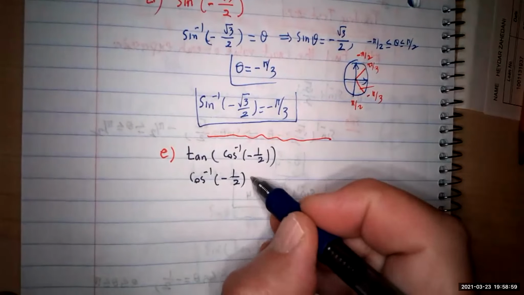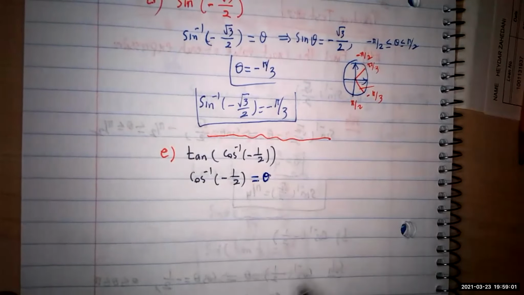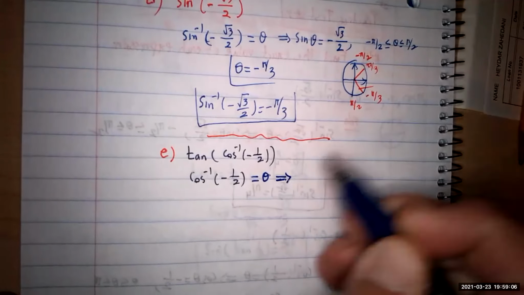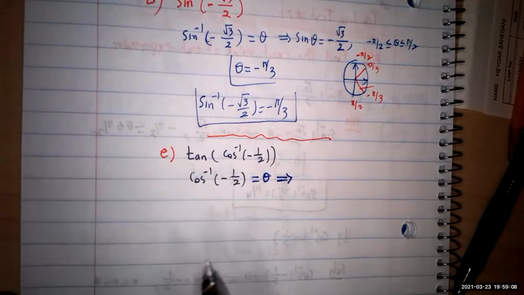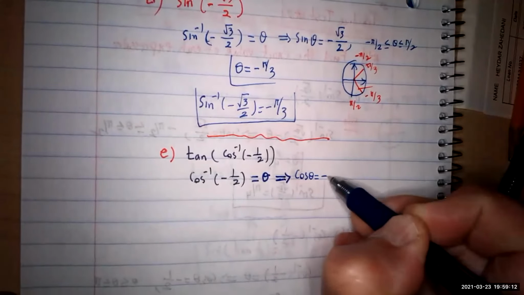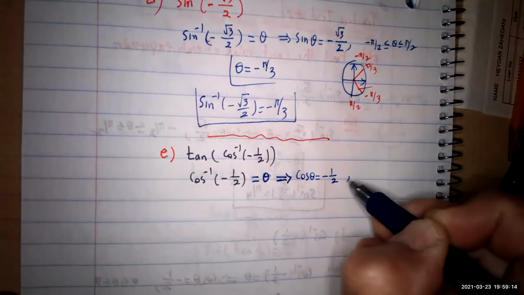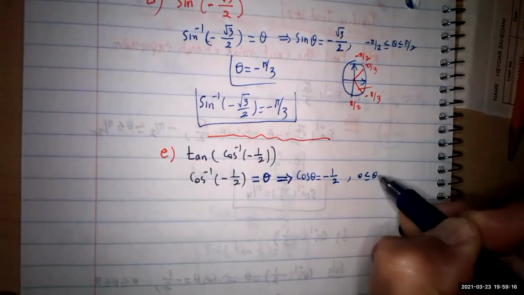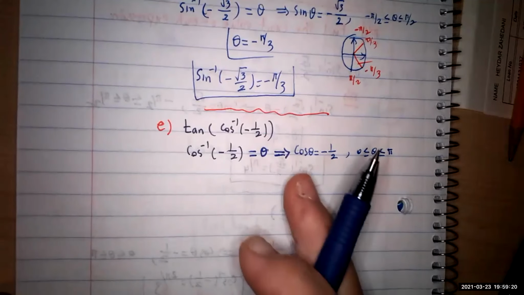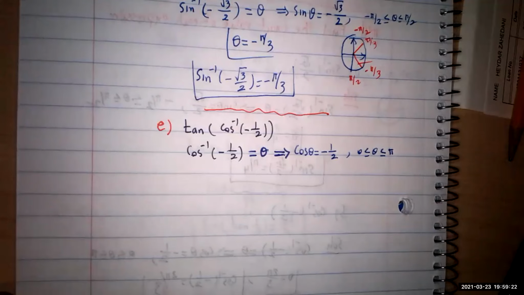You make all of this your theta. Then you switch it. When you switch, that gives you cosine of theta equal to negative half. And remember that this theta must be in the second quadrant, between 0 and pi. That's easy to find out. You can use your table to find it.